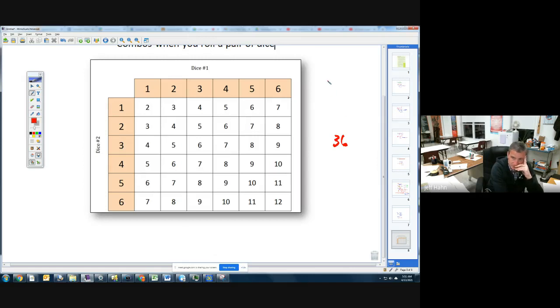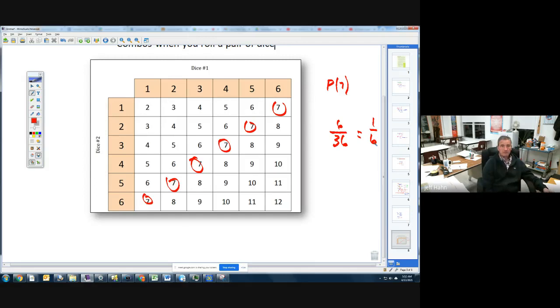So if they ask you the probability of rolling a 7 on 2 dice, you have it right here. There's 1, 2, 3, 4, 5, 6 out of the 36 possibilities is a 7. So you have a 1 in 6 chance of rolling a 7.